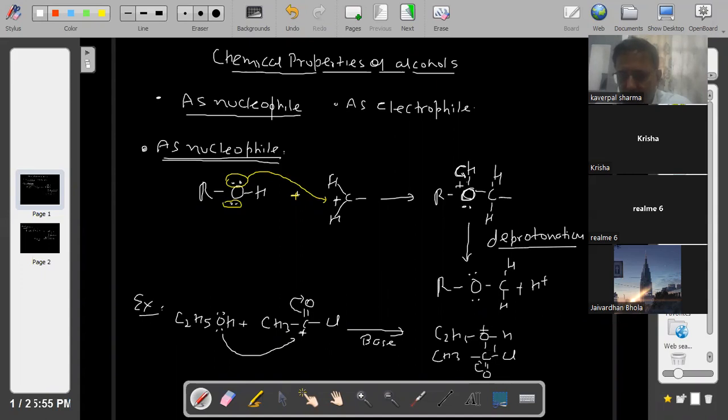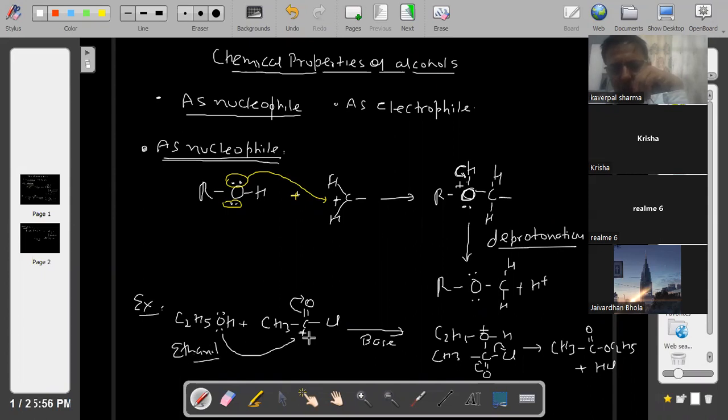This moves out, and you will get CH3COOC2H5 plus HCl. This is the example of nucleophilic attack of the alcohol, ethanol.